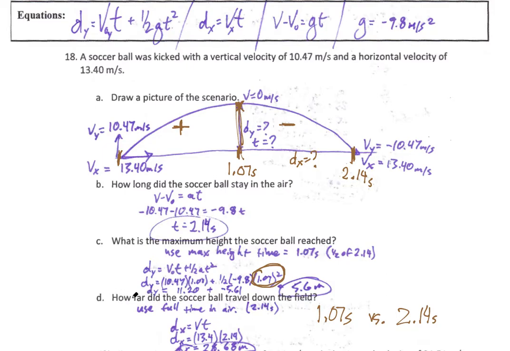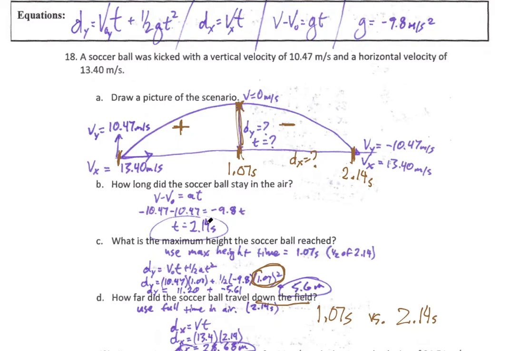So I know I'm talking about how far the soccer ball traveled down the field. So I'm looking for something in the x direction. Well, the only formula that goes along with the x direction in this unit is my distance in the x, or my horizontal distance, is equal to velocity in the x direction times time, or just vt, velocity times time.